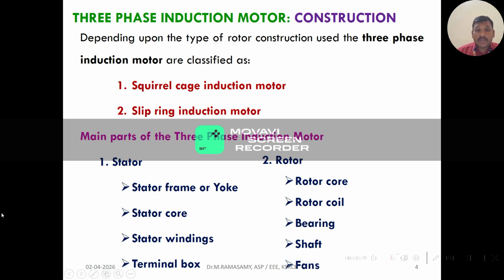The parts of the induction motor are classified into two main groups: stator and rotor. In the stator, we have the stator frame or yoke, stator core, stator windings, and terminal box. In the rotor, we have the rotor core, rotor coil, bearings, shaft, and a fan for providing cooling. These are the different parts of our induction motor.